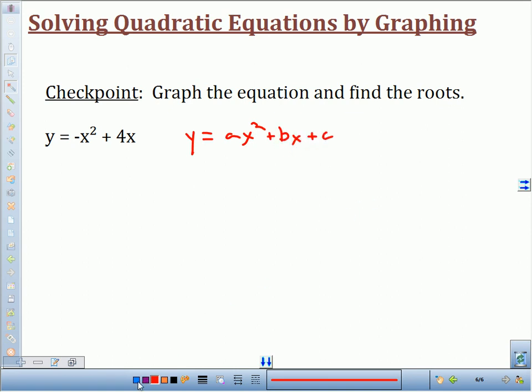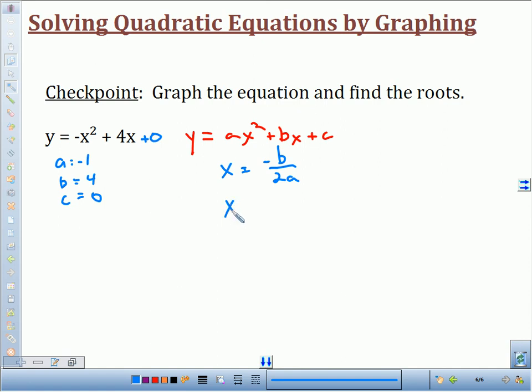As we remember from standard form, we find the x value, the axis of symmetry, by using the formula negative b over 2a. So a is negative 1, b is 4, and c is 0 because it's not there.